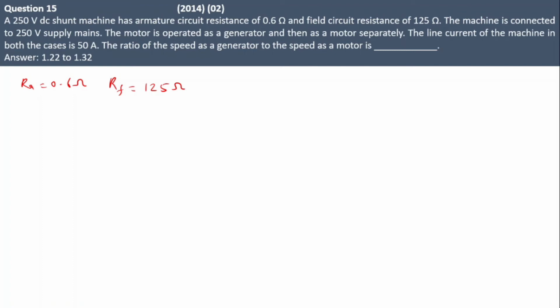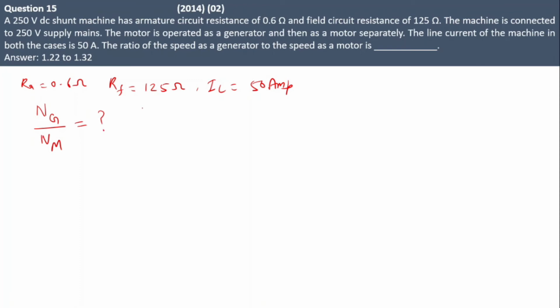The line current from the machine is in both cases 50 amps. Find the ratio of speed as a generator to speed as a motor.